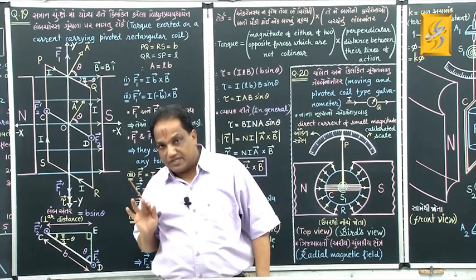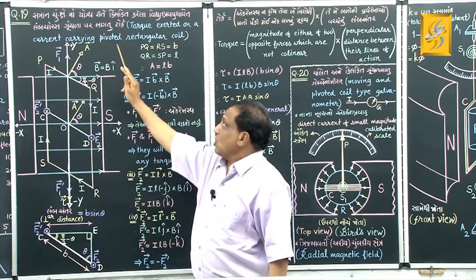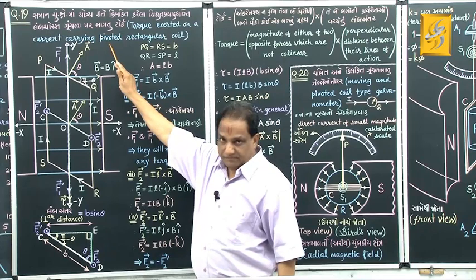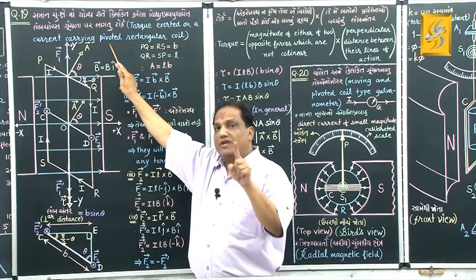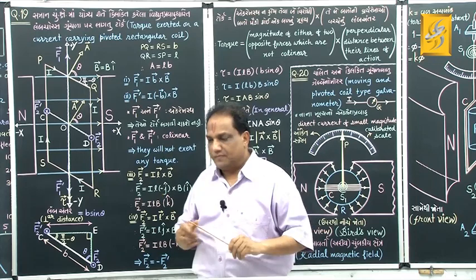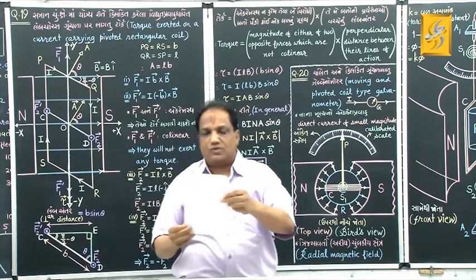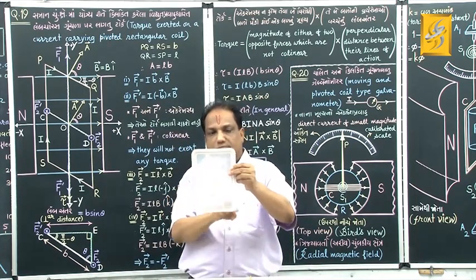First of all, try to understand what you mean by a coil being pivoted. What do you mean by pivoting a coil? I am showing you. Suppose you have some rectangular coil.